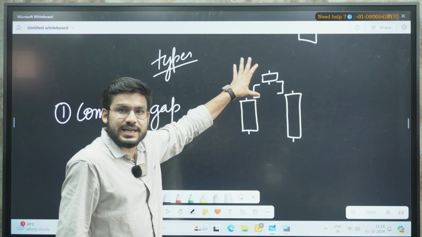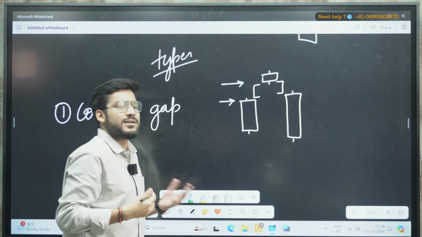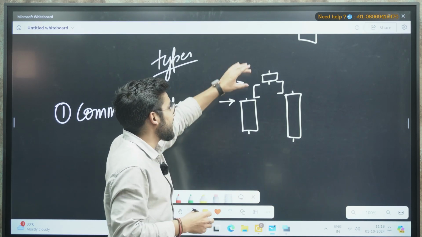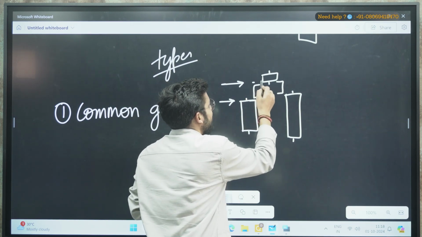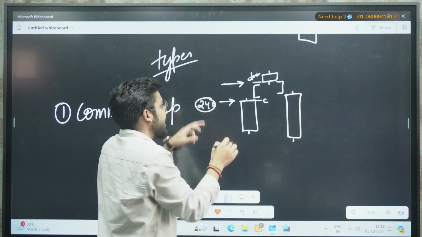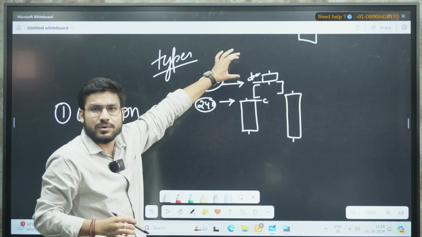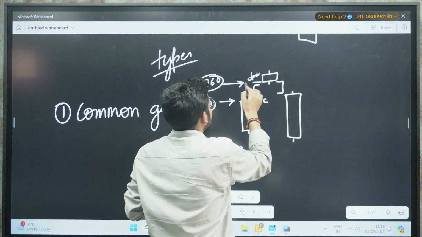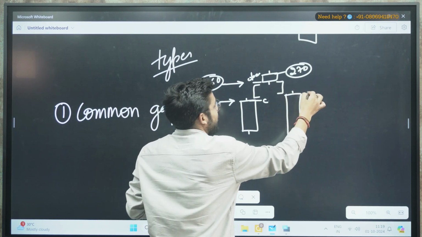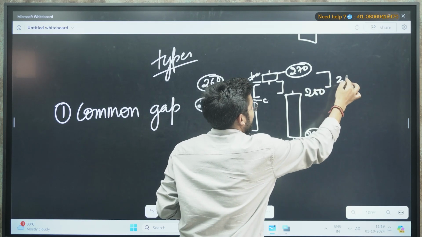What it generally indicates is that there was fear in the market, or because of some news or aggressive buying, your price jumped directly from this closing to this open. For example, this candle closed at 240, and the next candle opened at 260, so there is a 20-point gap up. It opened at 260 and closed at 270, and your next candle opened at 250 and closed at 230, so again there is a gap of 20 points.